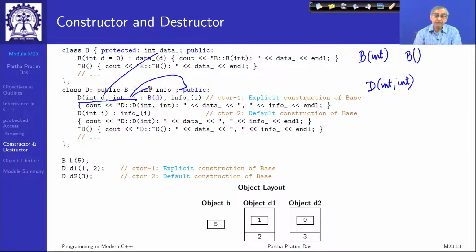So, what will I have to do? If I am doing it for, say, D1, which is 1, 2 that I have called. So, I have to first construct this part of the object, the instance which is embedded. So, I call B int from here.